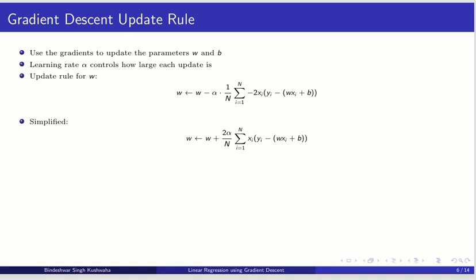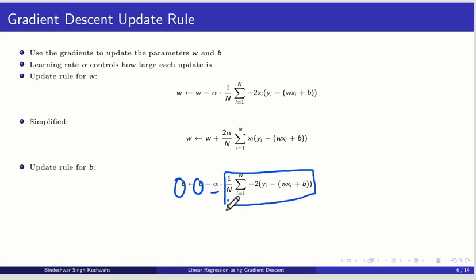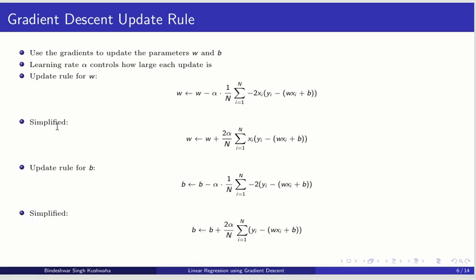Minus will come here and thereafter it will come here, so that would be plus. Thereafter the b update rule, the same way, the new one from the older one, with the learning rate and this part of the loss function. So we will update the value of the parameters and we will simplify and we can get this one.